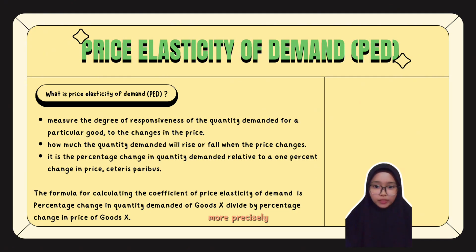More precisely, it is the percentage change in quantity demanded relative to a 1% change in price, ceteris paribus. And the formula for calculating the coefficient of price elasticity of demand is percentage change in quantity demanded of good X divided by percentage change in price of good X.